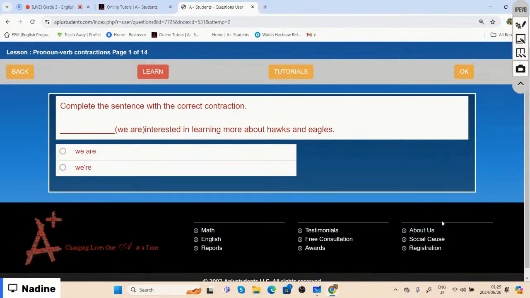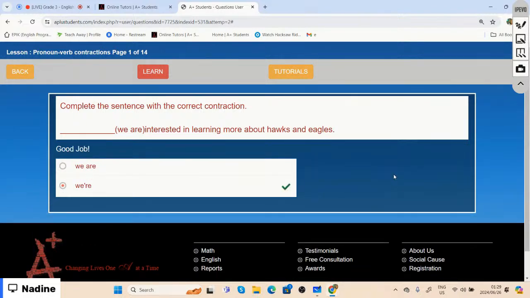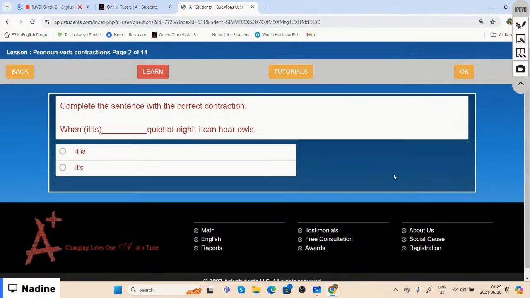All right, if we were to choose the correct option, then yes, we would say it is option two. Well done, because it's we're. All right, let's look at the next one. It says, when it is quiet at night, I can hear owls.